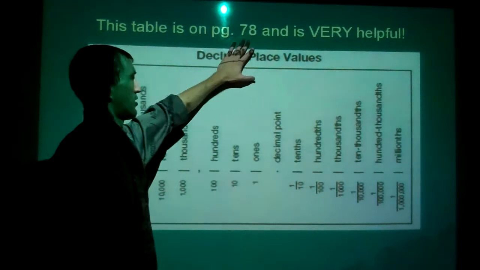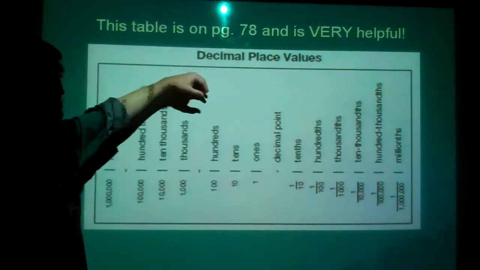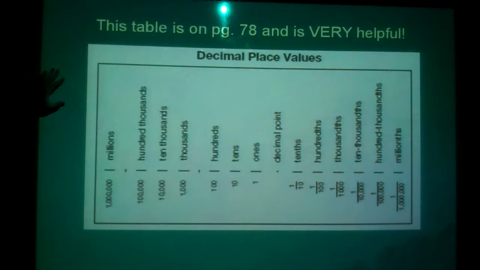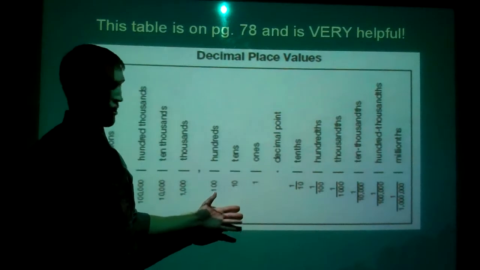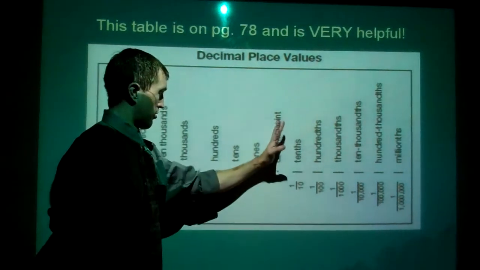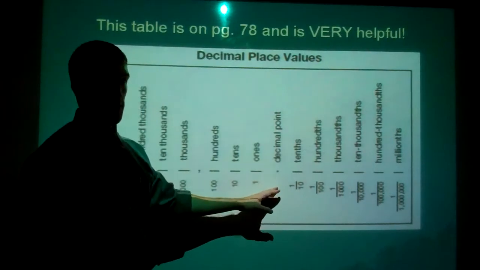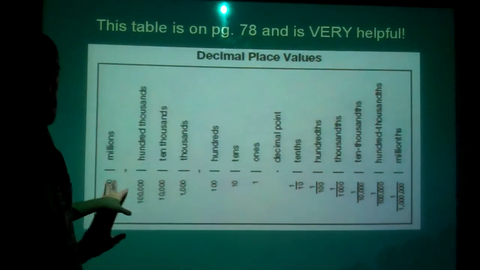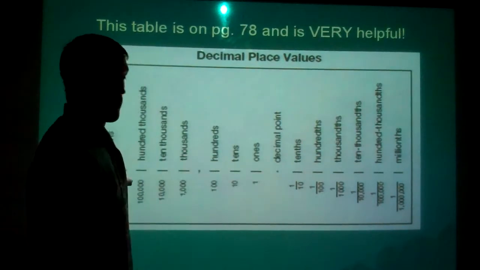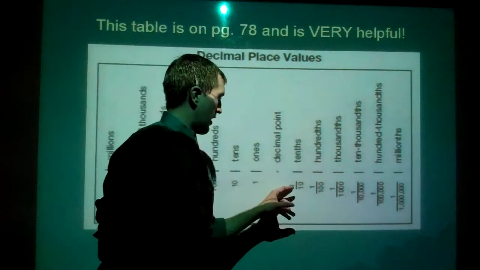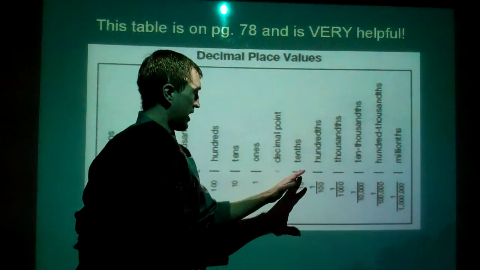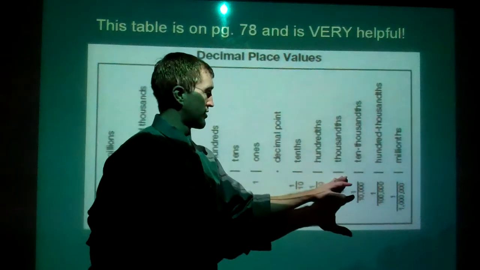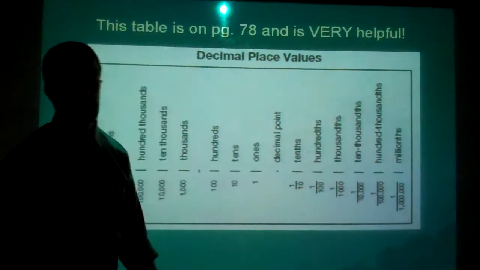This is on page 78 of the math book, and it's very helpful. It's a little blurry, hard to see a little bit. Our decimal point is here, and then to the left we go ones, tens, hundreds, thousands, 10,000s, 100,000s, millions. Things that we're more familiar with, probably over here. And as we go to the right of the decimal, we're in tenths, hundredths, thousandths, ten-thousandths.